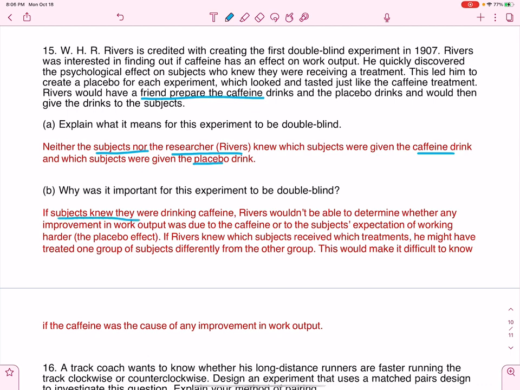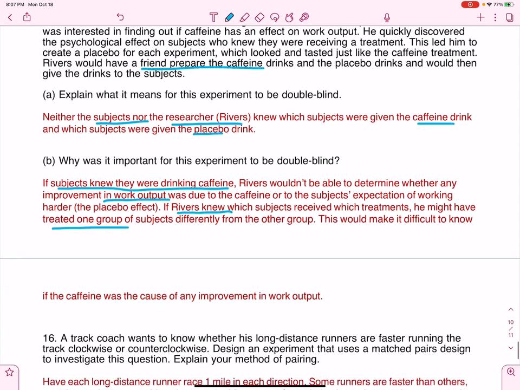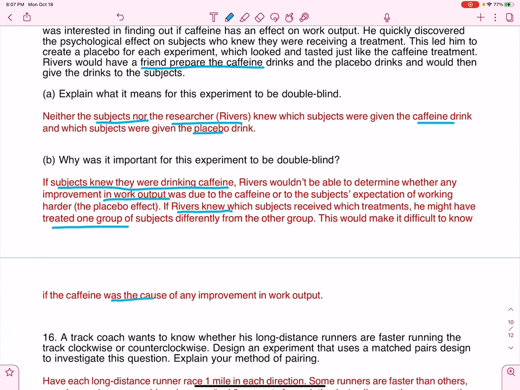If subjects knew they were drinking caffeine, he wouldn't be able to tell if they had truly improved their work output due to the caffeine or due to their expectation of getting caffeine. And if Rivers knew who was receiving what, he may have treated one group differently from the other. So it's going to make it difficult to know if the caffeine was the cause or if it was something else.